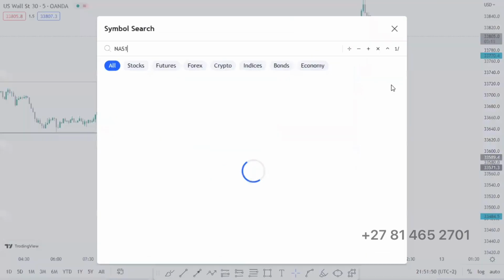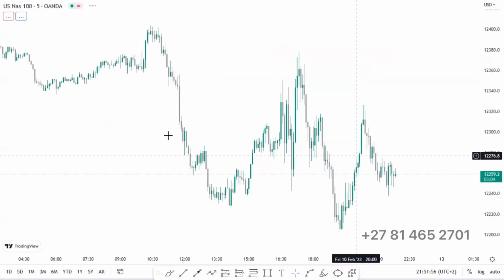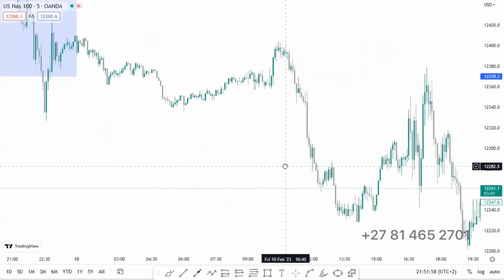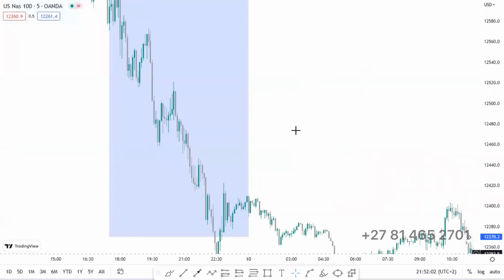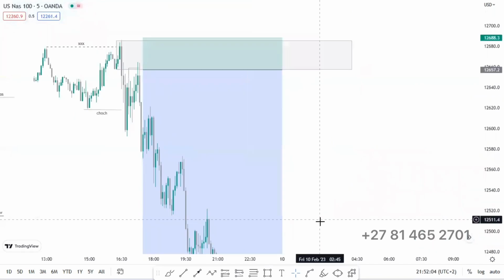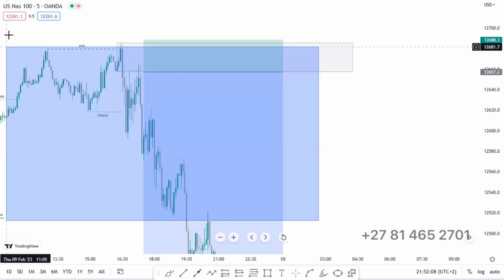So I'm gonna show you guys the same setup on Nasdaq. This is the trade that I took yesterday. There we go. But I took a sell here. Let me just show you guys. Delete everything here.